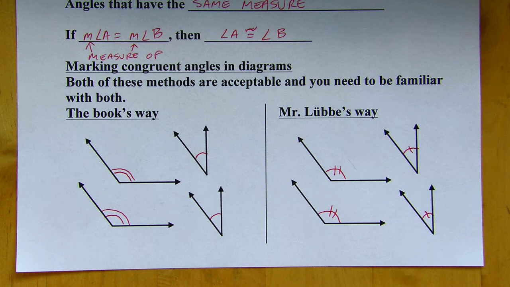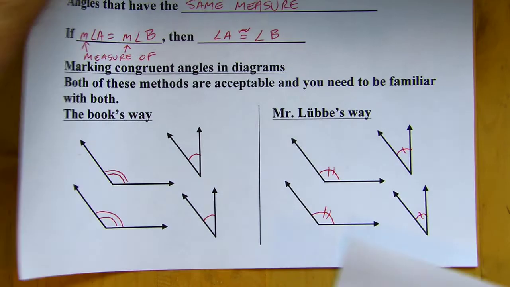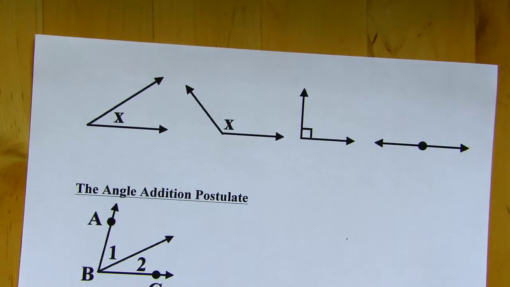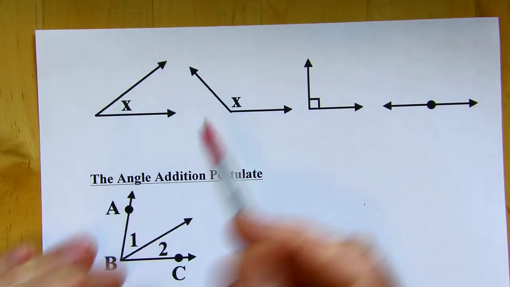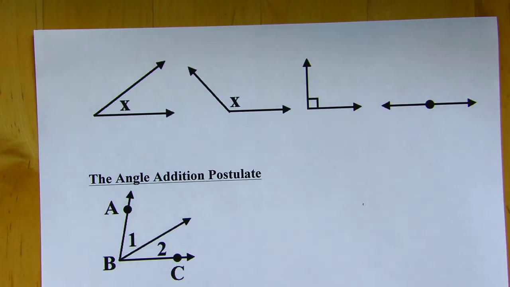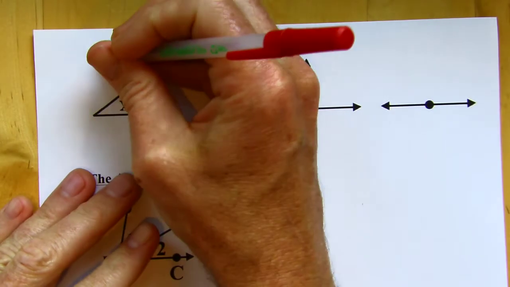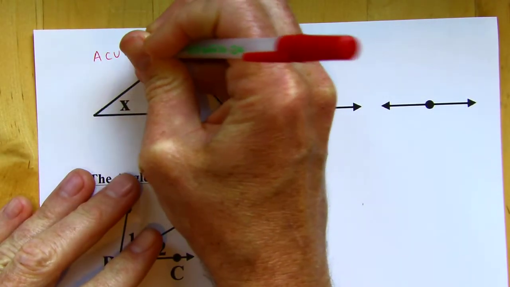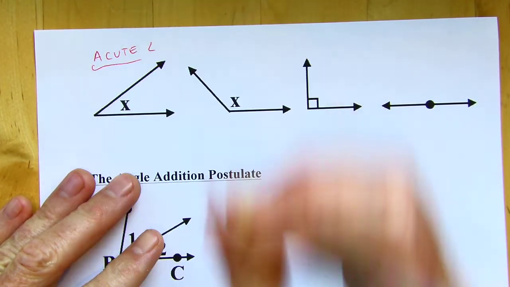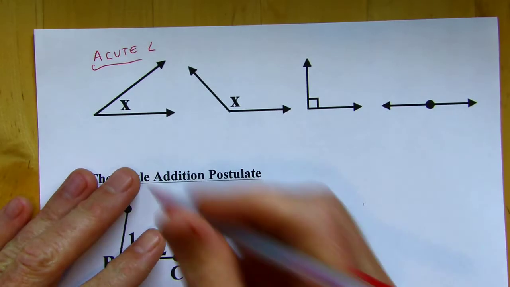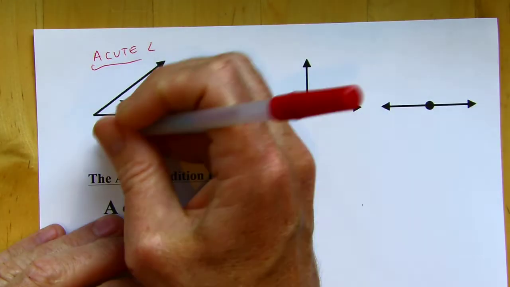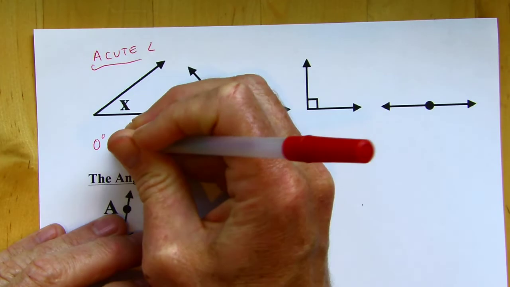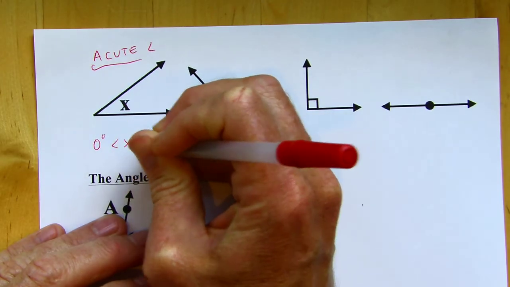We're going to talk about classifying some different angles. So if you have an angle that looks something like this, so I've got an X in there just because it's an unknown measure. This is going to be an acute angle. Okay, and that just means that it's less than 90 degrees. A lot of people are going to say less than 90 degrees. Technically, it's really between 0 degrees and 90 degrees.